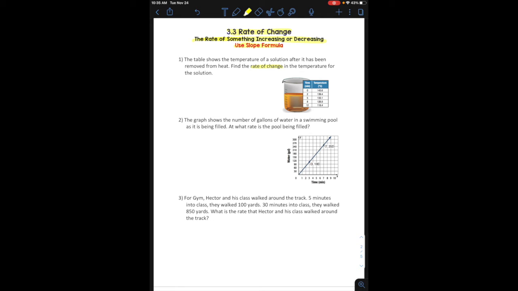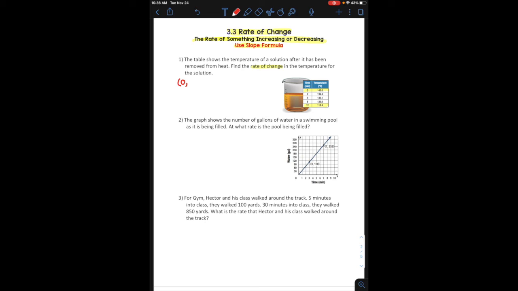Since we want to find the rate of the temperature changing for the entire time they took the data, what we're going to do is always use the first ordered pair and the last ordered pair. Again, rate of change will be using the slope formula, so we will have 2 ordered pairs in order to calculate.